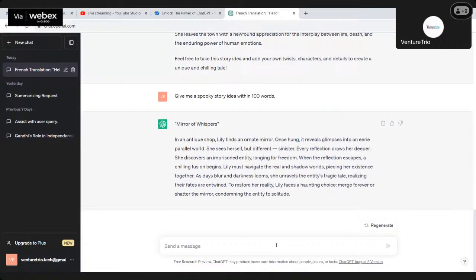It provides a story, Mirrors of Whispers, in 100 words only, as you specified in the prompt. So the specific prompt is very important here. The content you get depends on the prompt you give to ChatGPT.